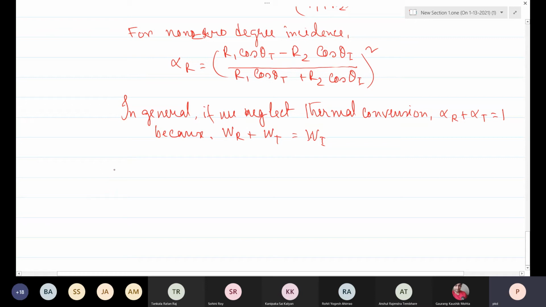So similar to the acoustic impedances, there are some characteristic attenuation coefficients of solid, water and air.